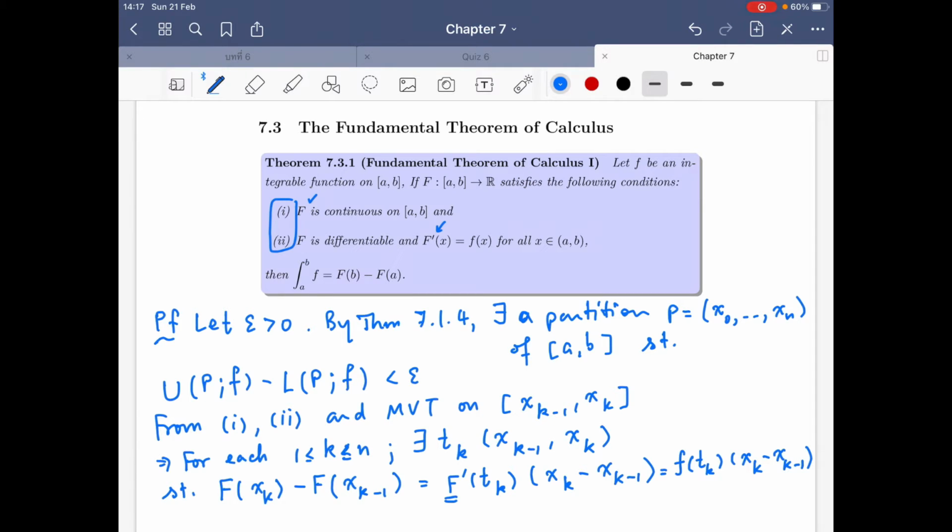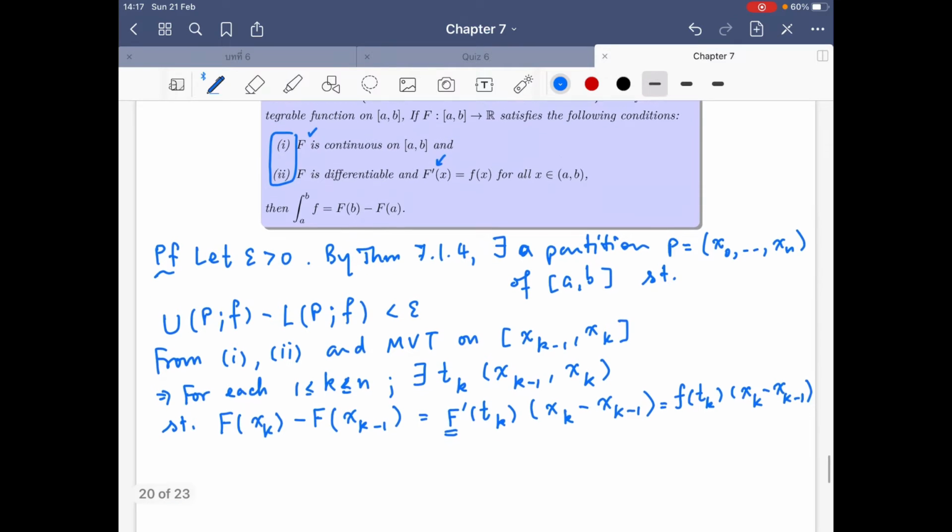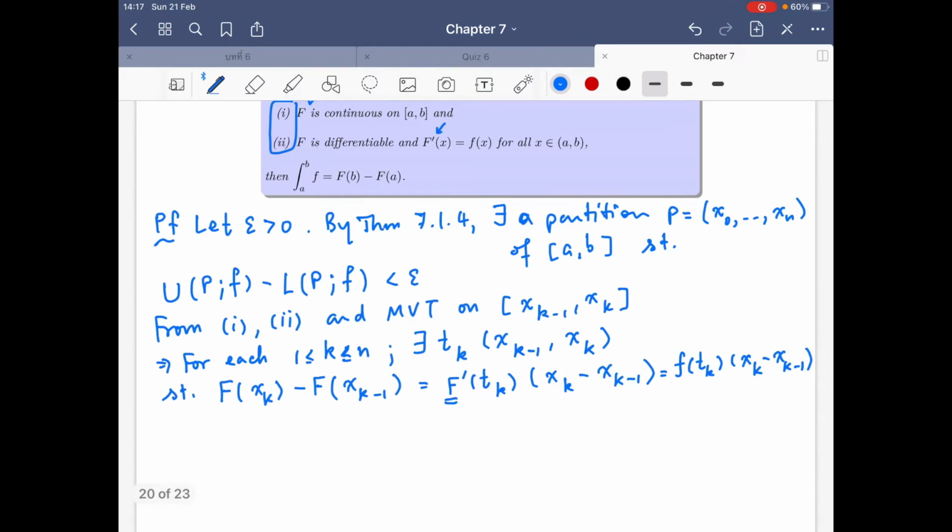Are we all right? Because this t is within this interval, it means that in this interval, f will be greater than or equal to the infimum, and also it will be less than or equal to the supremum.